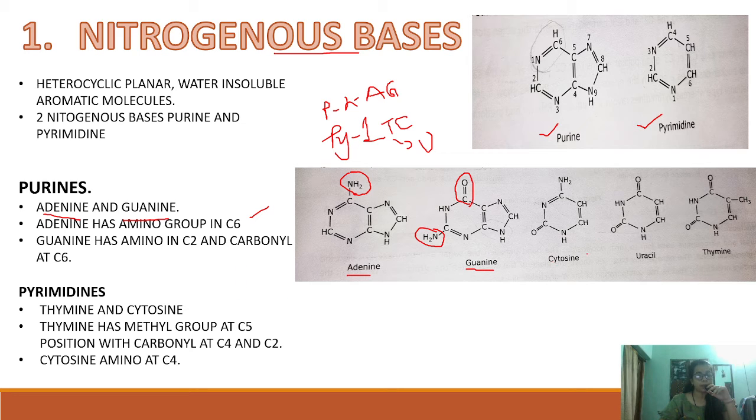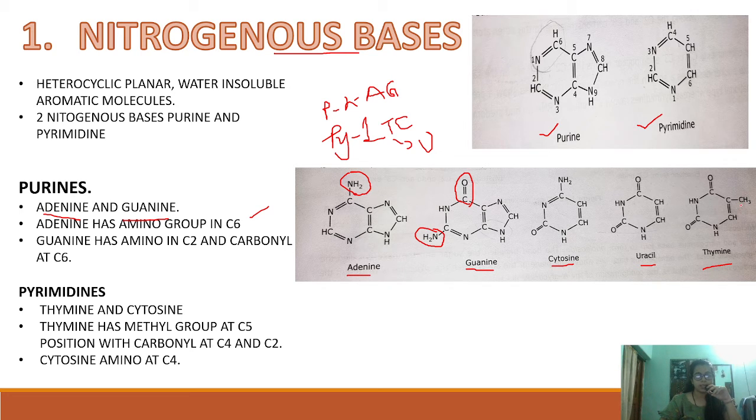Moving to the pyrimidines, there are two types, that is cytosine and thymine. In case of RNA, uracil will be present. They have a single ring, benzene-ring-like structure, and a methyl group will be present at the 5' position of the thymine.